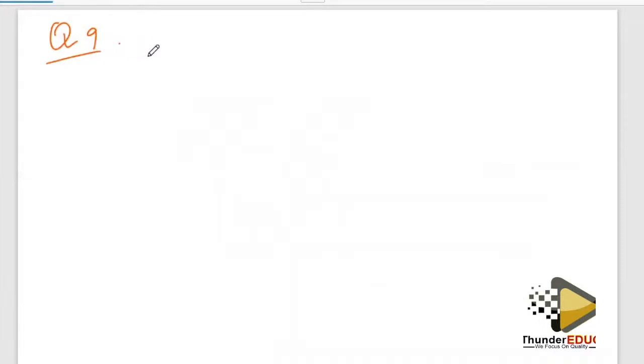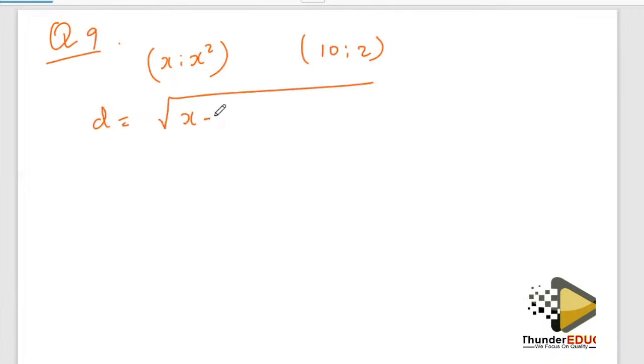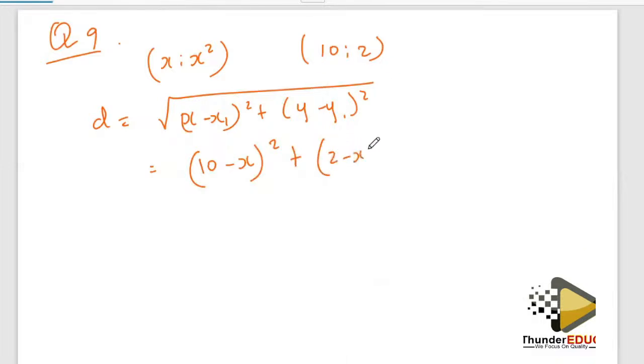So we're saying for point (x, x squared), then we also have (10, 2). The distance between the two, you can use the distance formula, which is the square root of (x minus x1) squared plus (y minus y1) squared. So with the substitution, that's going to be (10 minus x) squared plus (2 minus x squared) squared.